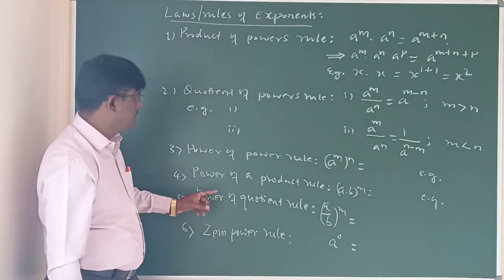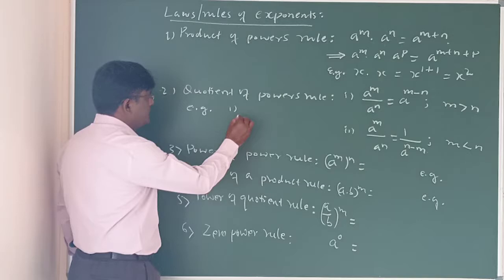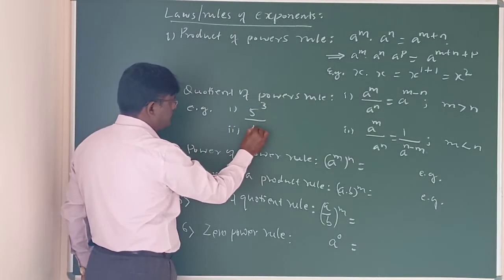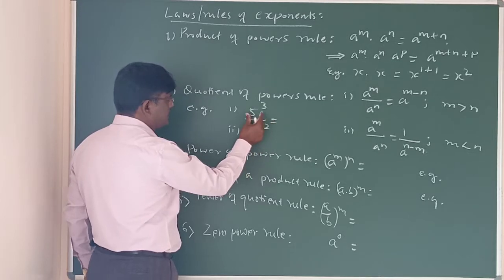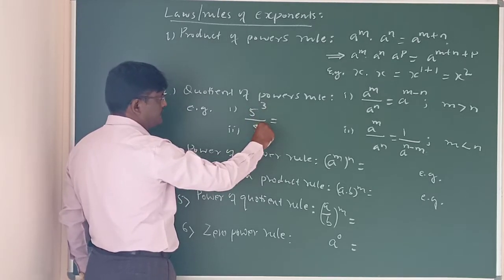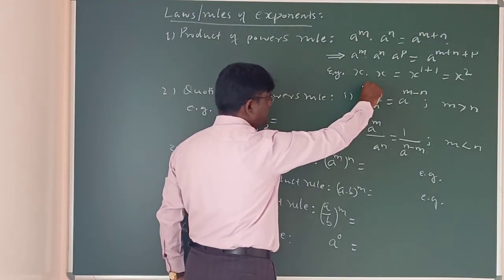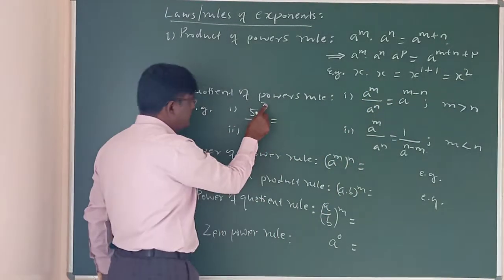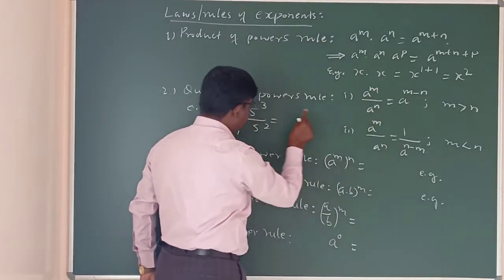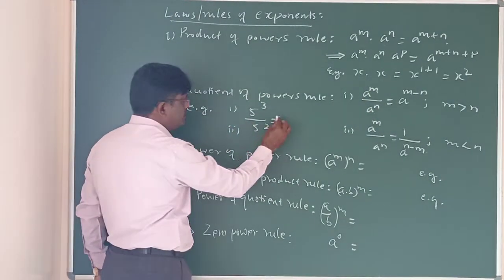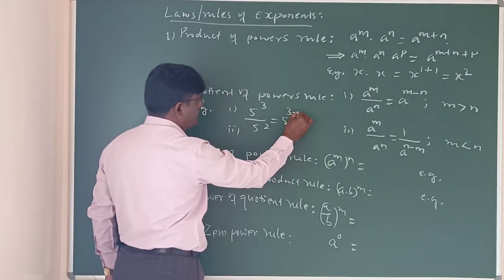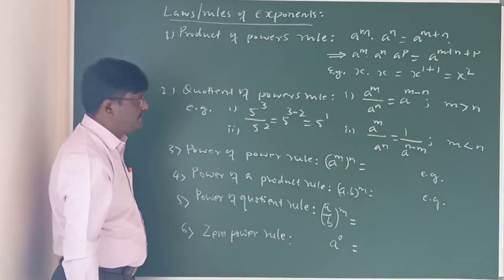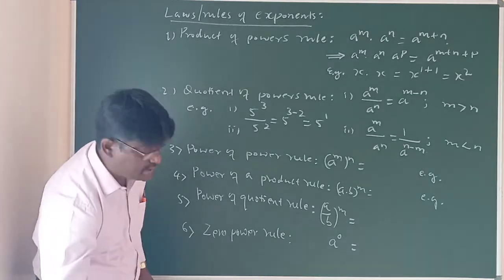Simple example, we shall take 5 cube divided by 5 square. Here 5 cube is greater than 5 square. When a power m is greater than a power n, we write m minus n. So 3 minus 2 equals 5 power 1, nothing but 5.